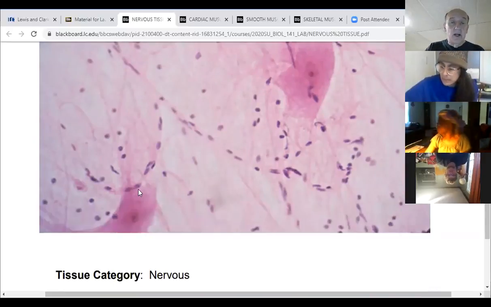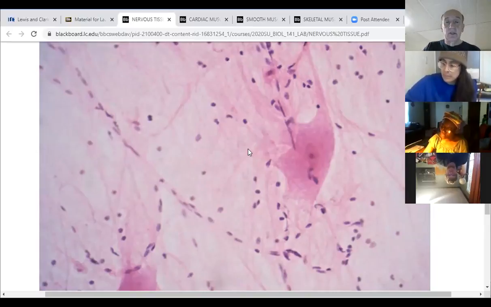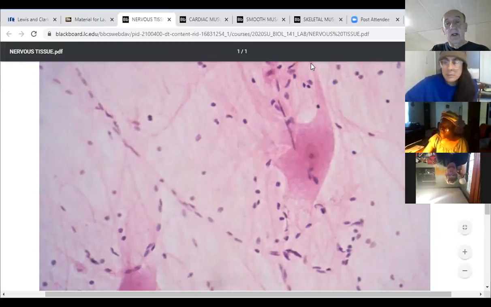There's another one down here in this corner. Neurons have extensions. They have axons and dendrites. Here, it looks like this neuron has a long tail. This is most likely the axon of the neuron. And here you see shorter extensions. These are probably the dendrites.